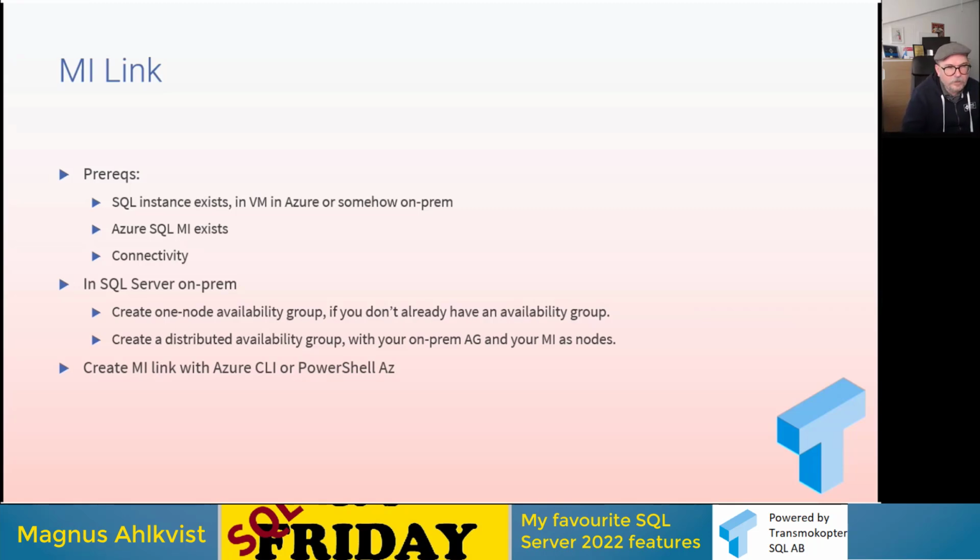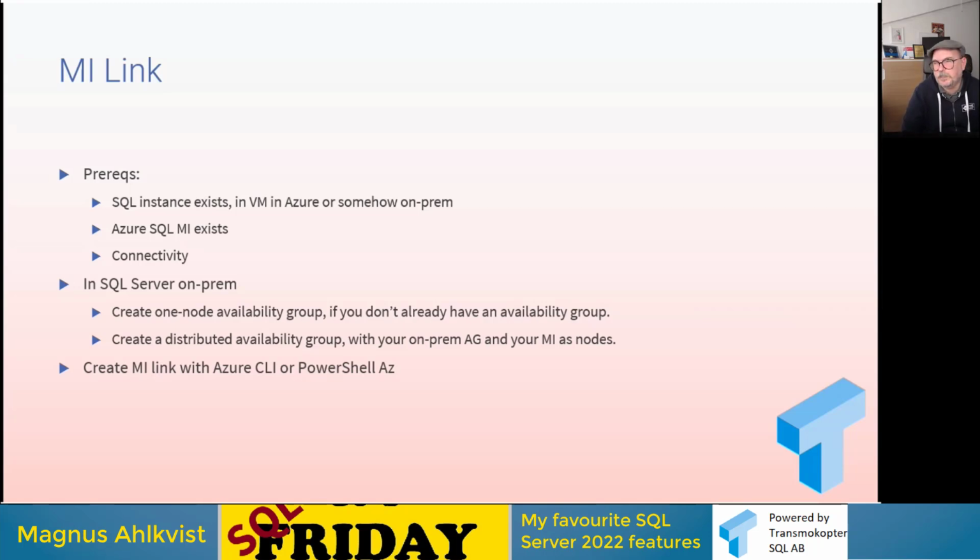And during the preview, this replication was one directional, so when you failed over, you couldn't fail back. But when SQL Server 2022 was released in GA, Microsoft also announced that it's now bi-directional, so that you can actually fail back to on-premise, and that makes it also a use case for using Azure as a DR site for your databases.